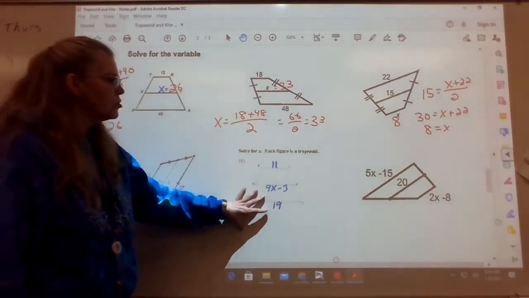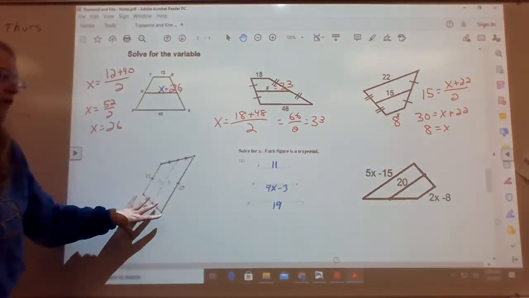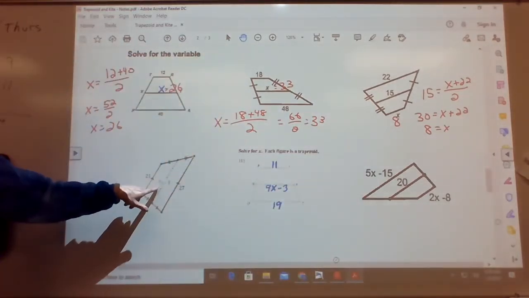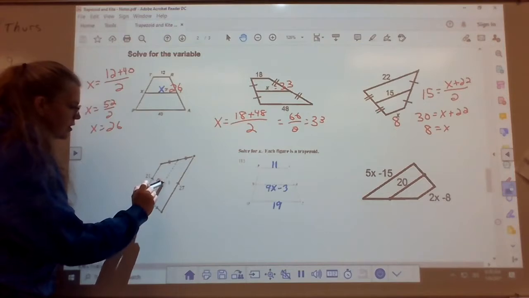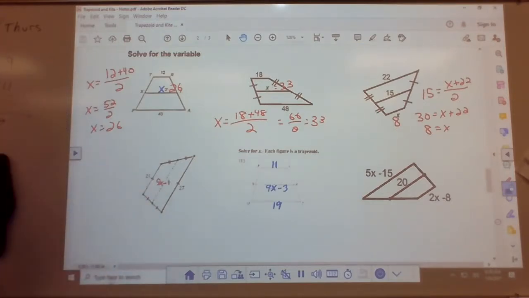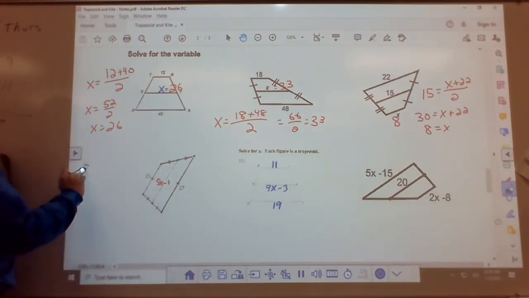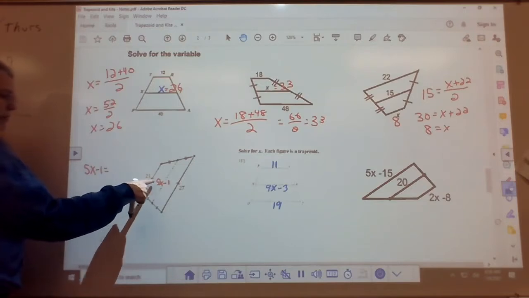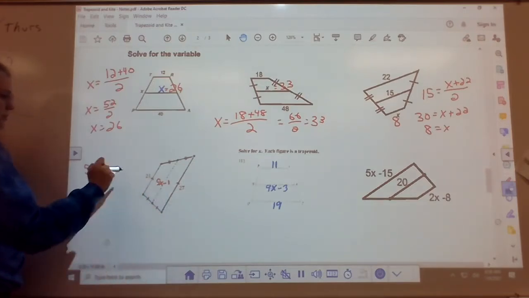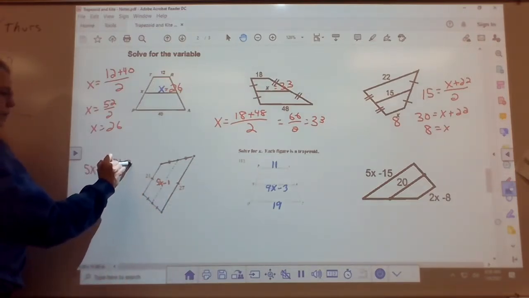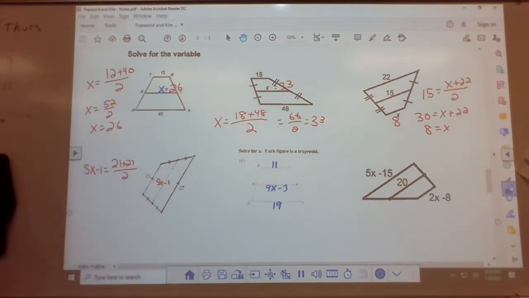Now these three are a little bit trickier because they involve a little bit more of a formula. This formula is a little hard to see. It's 5x minus 1. So we're using the same formula. Mid-segment equals top and bottom. Like I said, it doesn't matter which one's which. Divided by 2. There's your formula.